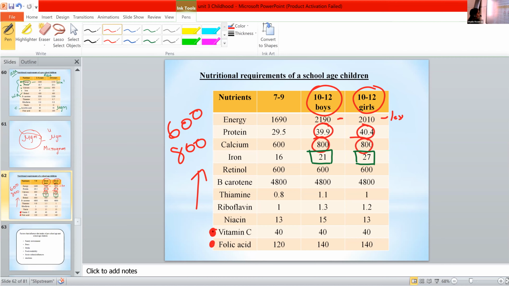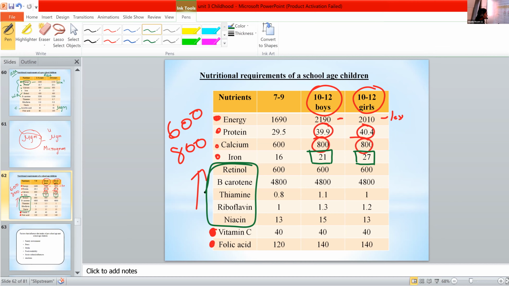Just copy the values of energy, iron, protein, calcium, vitamin C, and folic acid. At least learn the value of energy, protein, calcium, iron, vitamin C, and folic acid.